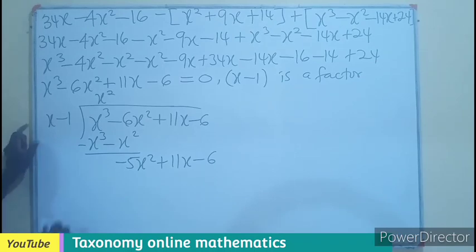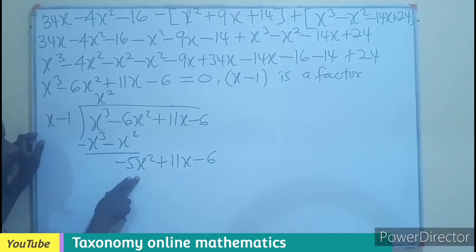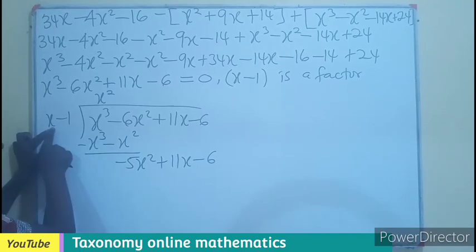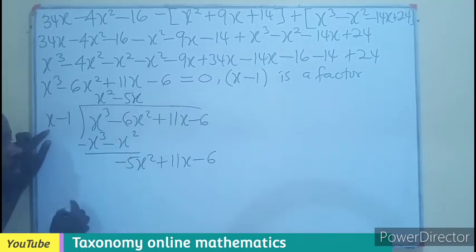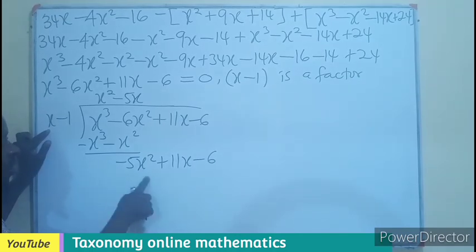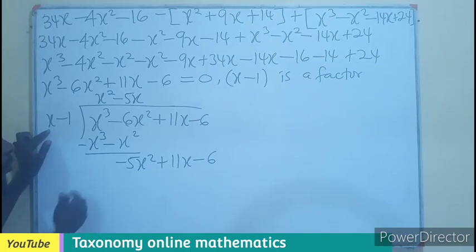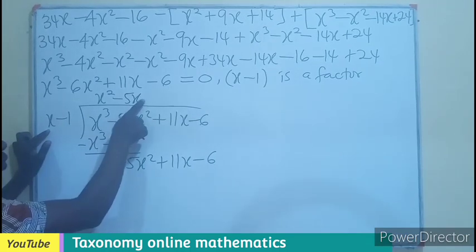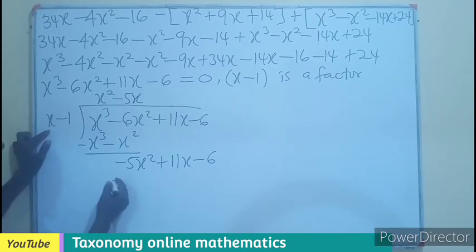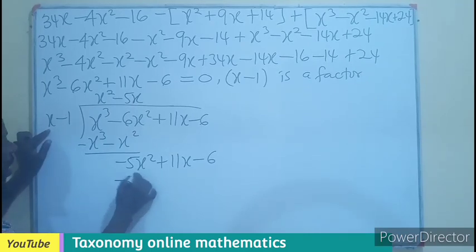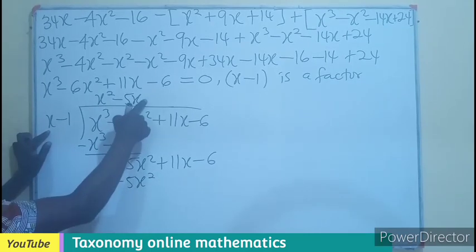Okay, so for the second line, we are also going to divide negative 5x squared by x. And that is going to be negative 5x. Why? Because when you put x here to divide, there are 2 of the x squared, it will cancel 1. So if that is the case, we go back and multiply the quotient and the divisor, and that gives us negative 5 of the x squared.